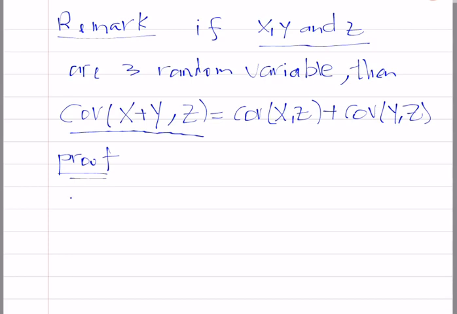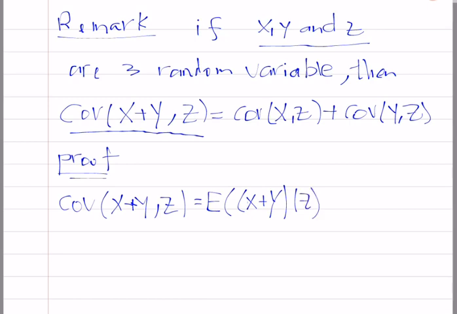So to prove that, we need to write the covariance of x plus y and z, which equals the expectation of x plus y times z, minus the expectation of x plus y times the expectation of z.